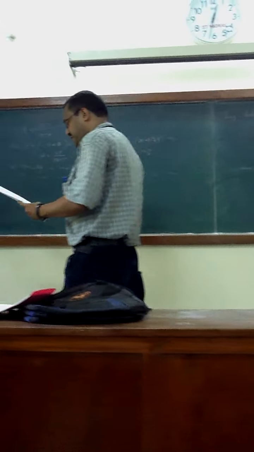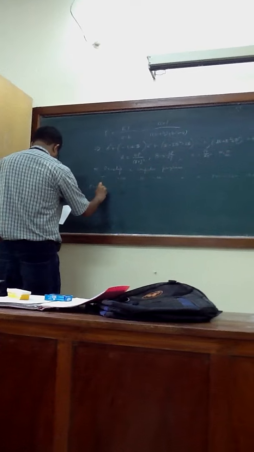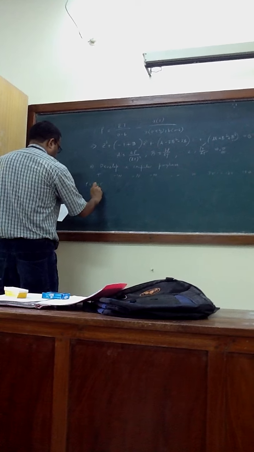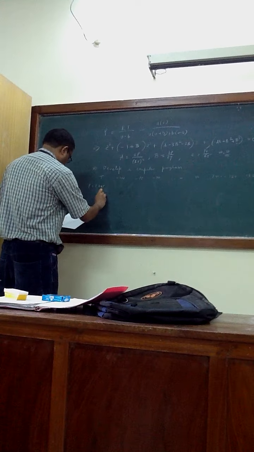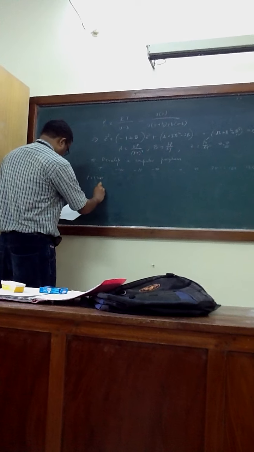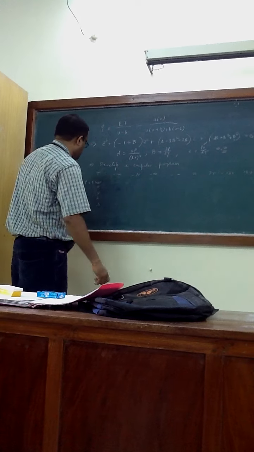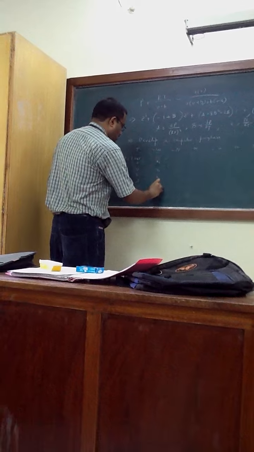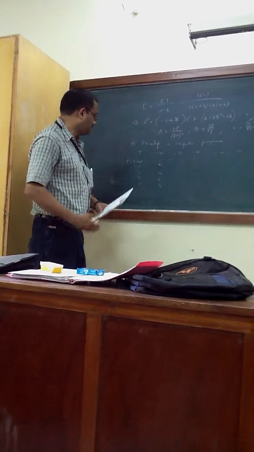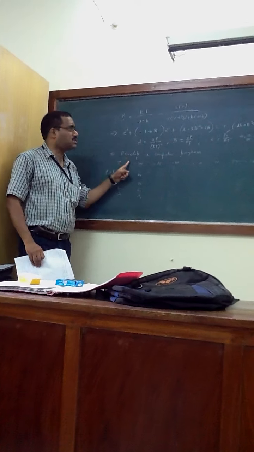You fix the pressure equal to 1 bar, and calculate Z, V, H, S. Here are Z1, V1, H1, S1, some values we will get. My pressure is 1 bar. If I fix a pressure, the temperature is fixed.